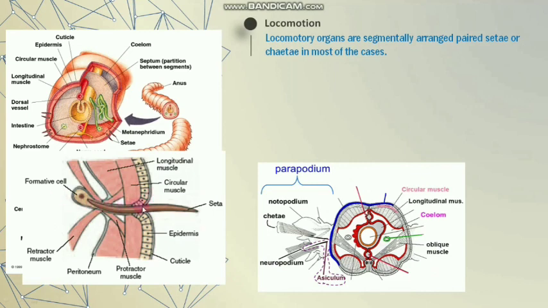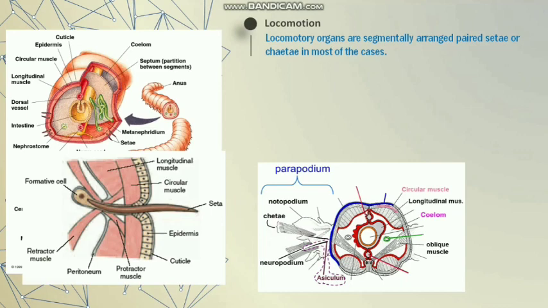The single word is seta, and if any damage happens to this particular seta, the formative cells that you can see here in this part will replace the seta which is lost. In the same way, the chaetae, as I told you before, we generally use for the parapodium. You can see that this bristle-like structure, which is chitinous, is the chaetae, and chaetae also help in locomotion. So setae and chaetae are the locomotory structures which are segmentally arranged in Annelida.